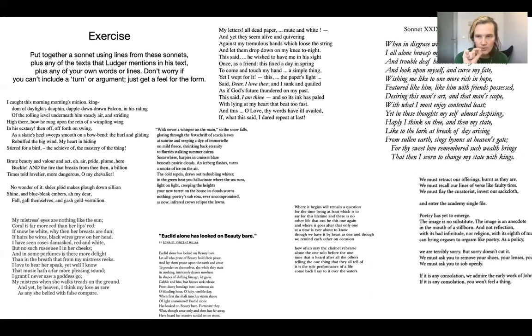If this feels impossible, don't worry too much about the rhyme. Just try and put together 14 lines, and you can use these lines as they are in these different poems, pick one from each or pick one from different ones, and try and put a sonnet together yourself. And you can make your own lines as well if you want to.